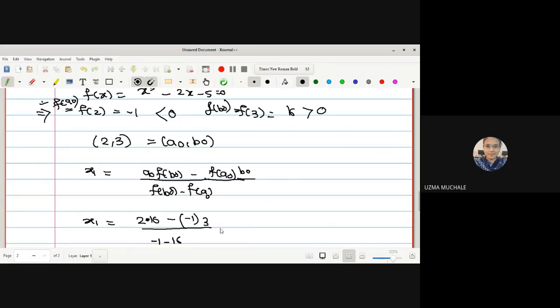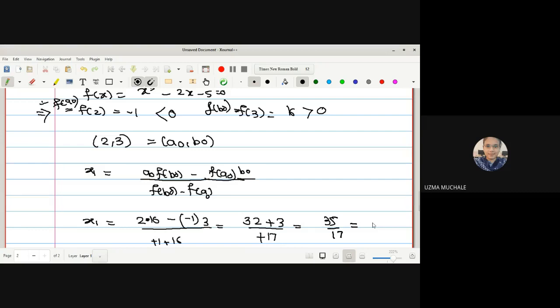That is 16 into 2 plus 3, divided by 16 minus of minus 1, which will be plus 1, so 17. The resultant answer is 35 upon 17.